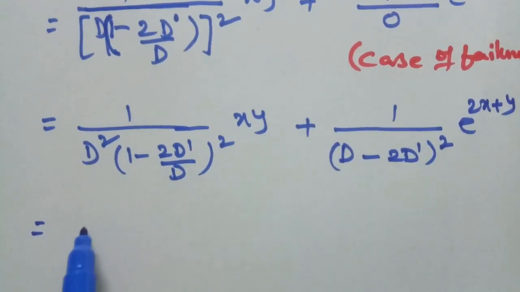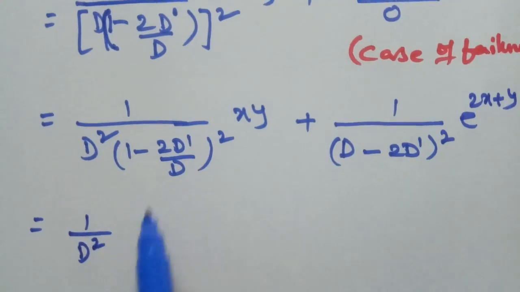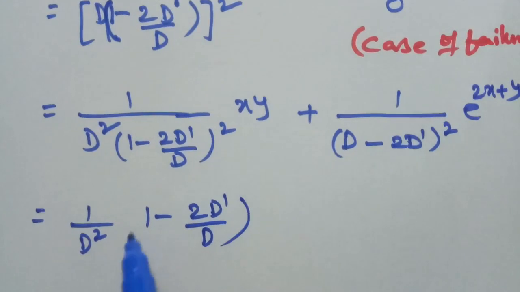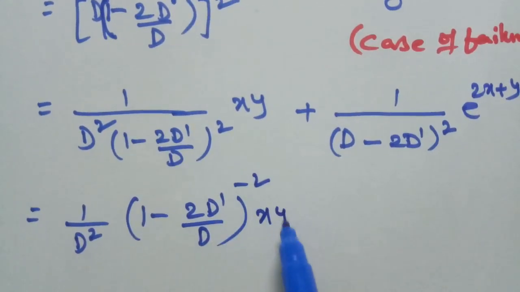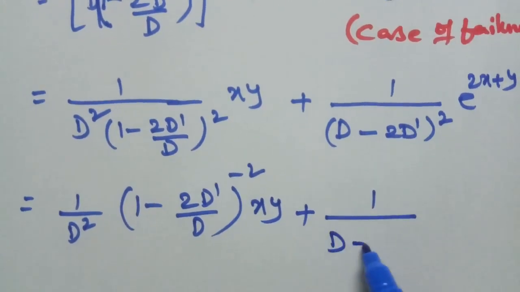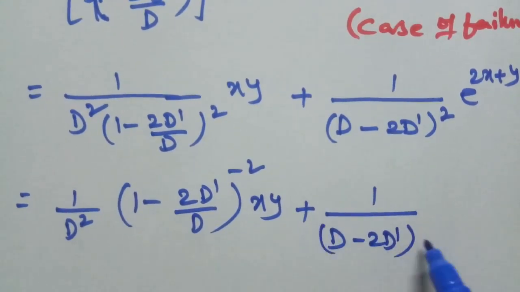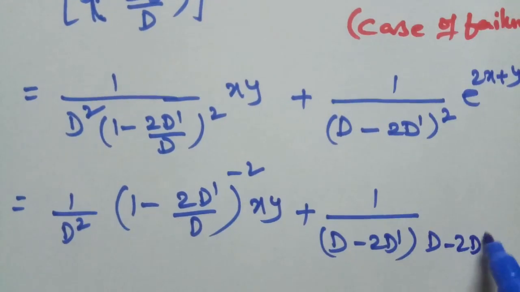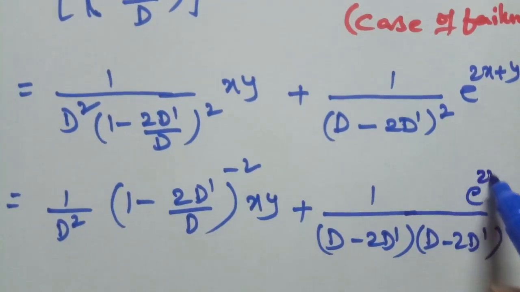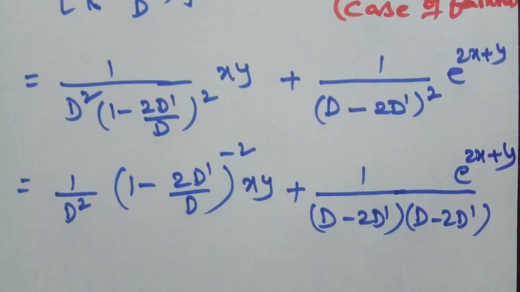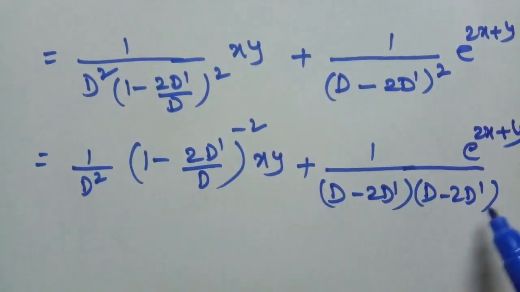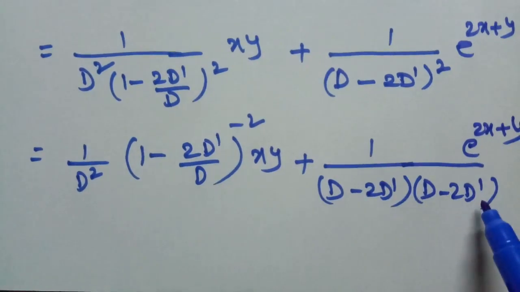Therefore this can be written as 1 by D square into (1 minus 2 times D dash by D) whole to the power of minus 2 into xy plus 1 by (D minus 2D dash) into (D minus 2D dash) into e power 2x plus y.